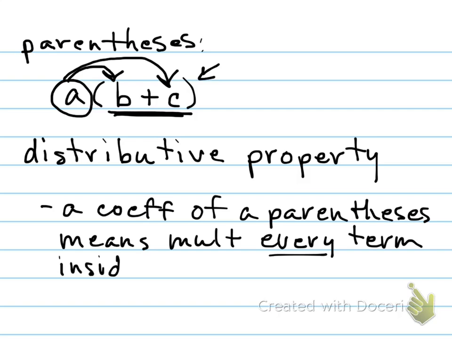It's like a rule, right? So not just one of the terms, but how many of them? Well, every term. So in this case it was 2, but what if I had 20 terms inside? All 20 of them. Yeah, every one of them.